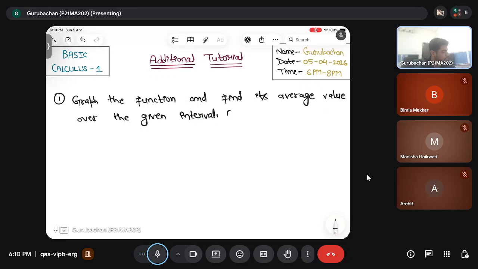Next is: at what point, there might be more than one point, where this average value can be attained in the given interval.